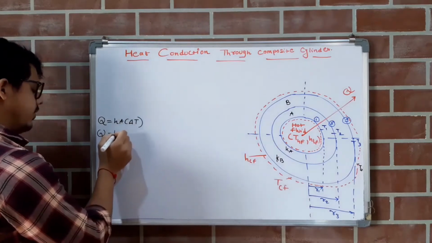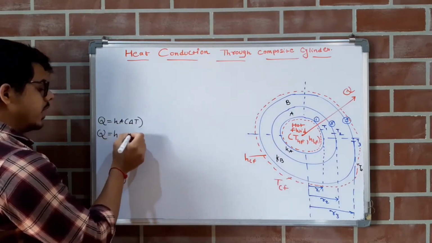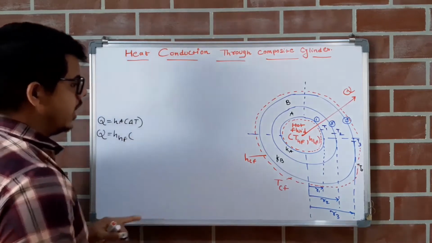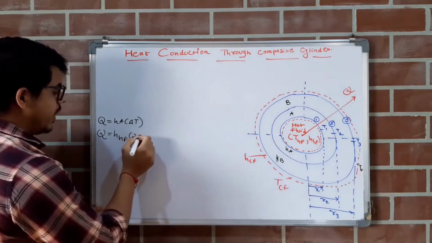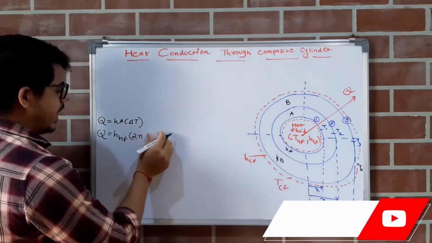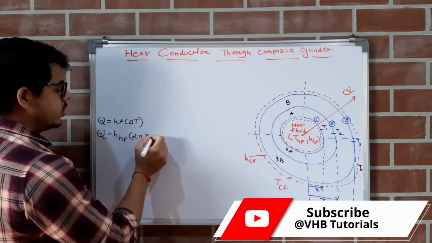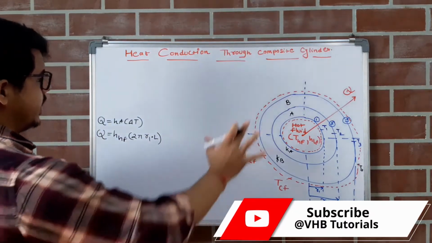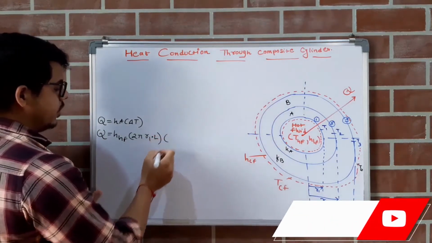It is HHF, right? Into area. I will write the formula of area. So it is 2 pi, what is the radius? That is R1. So 2 pi R1 into L, that is the length of the hollow cylinder, into temperature difference.